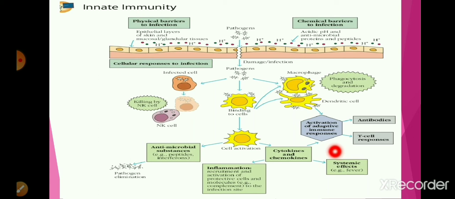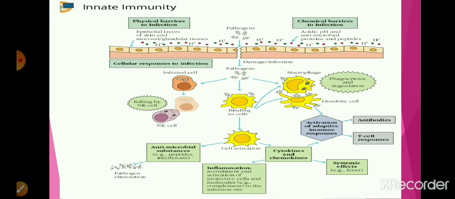They also contribute, along with the activated dendritic cells that carry and present the pathogen to lymphocytes, to the activation of the adaptive immune response. After the activation of the adaptive immune response, antibodies or T cell responses are formed, which try to eliminate or kill this pathogen.